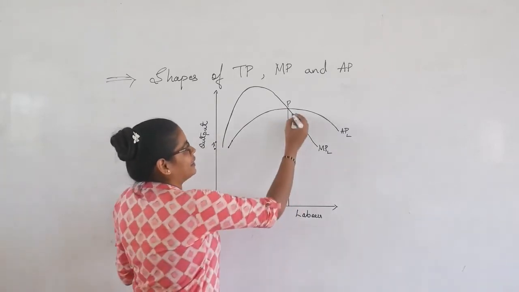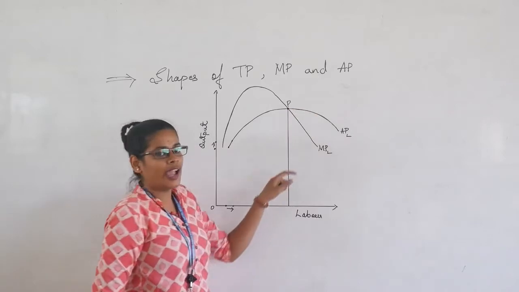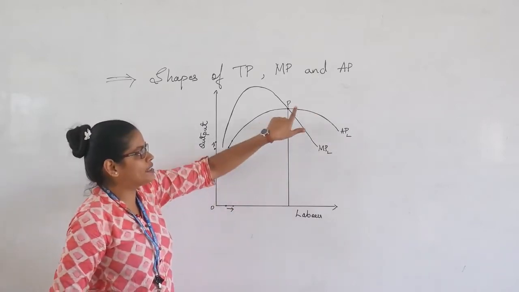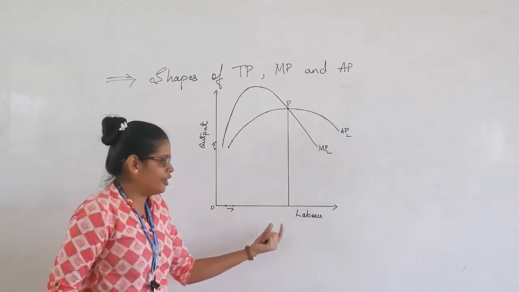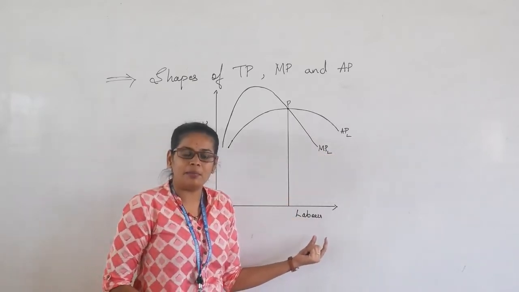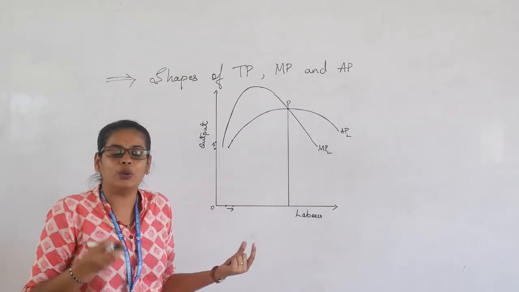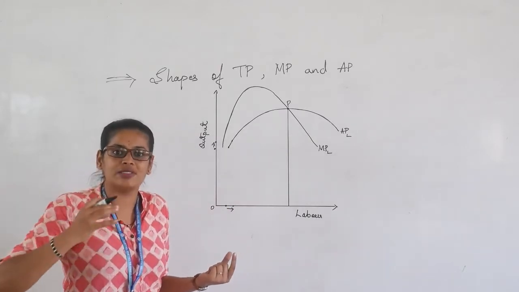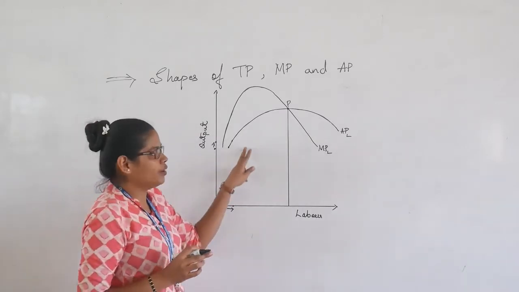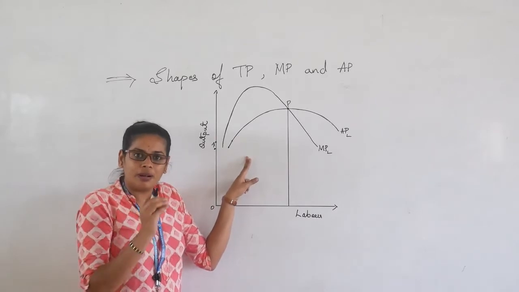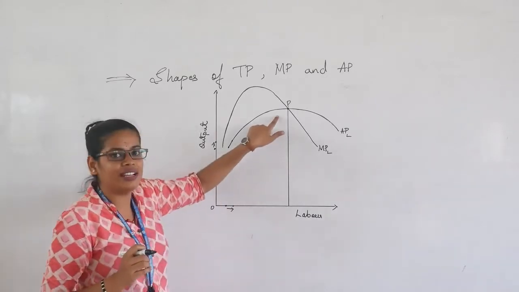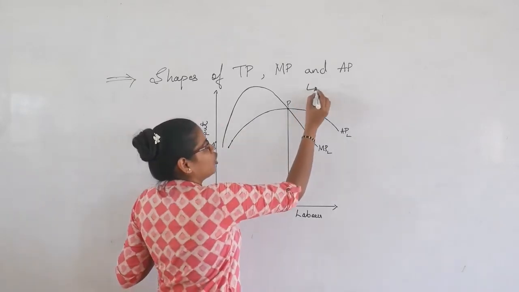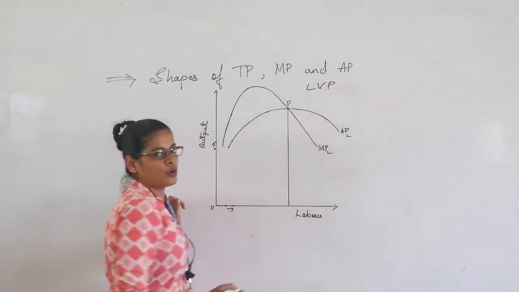But at a certain point, okay, what happens is it starts declining. Even though we are increasing the labor, we are not able to achieve the output as we expected. So every MP or AP has this same effect. So that's the reason we call it the law of variable proportion.